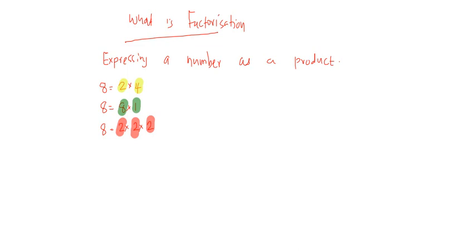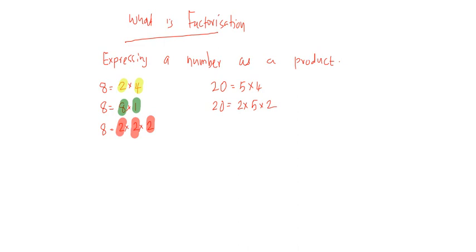Let us see maybe another number which is 20. So 20 I can write 5 times 4, or I can write 2 times 5 times 2, right?